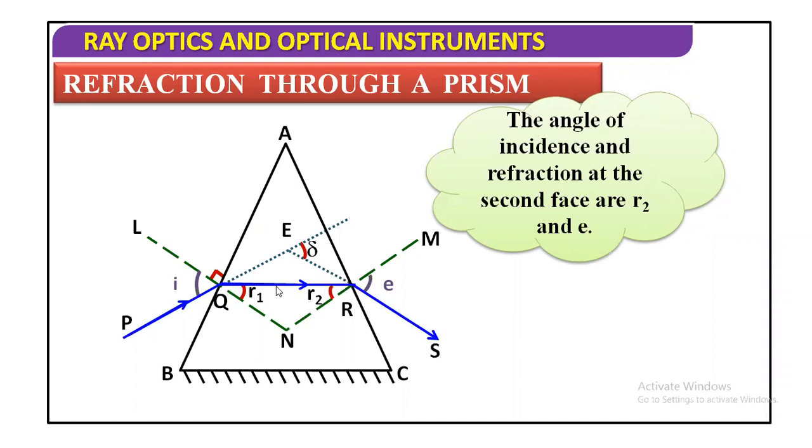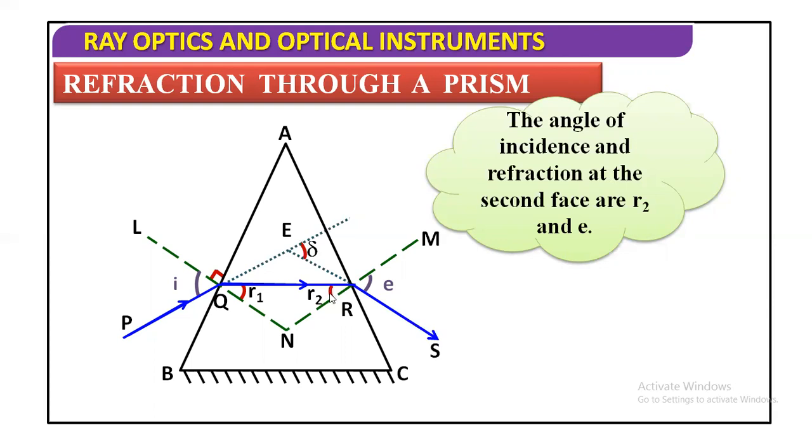Finally, the ray of light that enters into the prism at point Q makes an angle R1 with the normal, which is called angle of refraction. Then it will hit the other side of the prism and meet at point R, making another angle which is called R2. This is the first refraction and this is the second refraction.